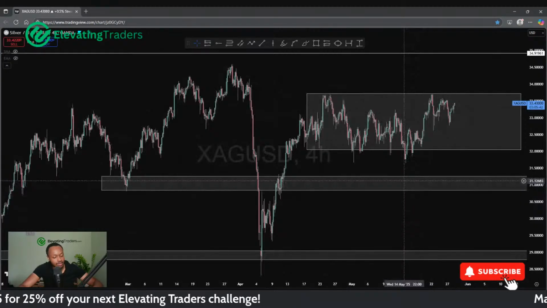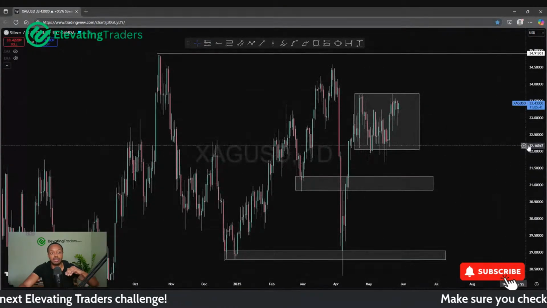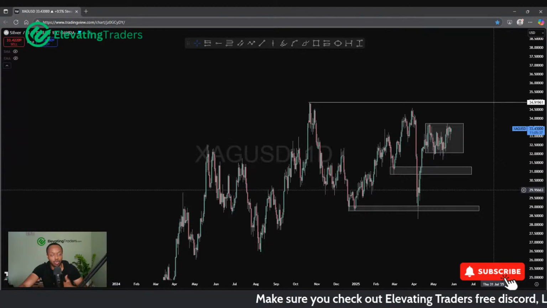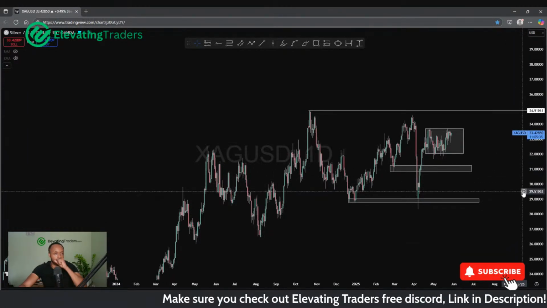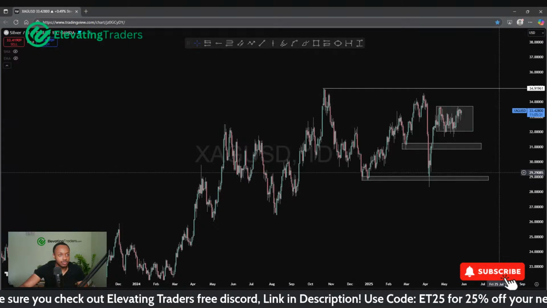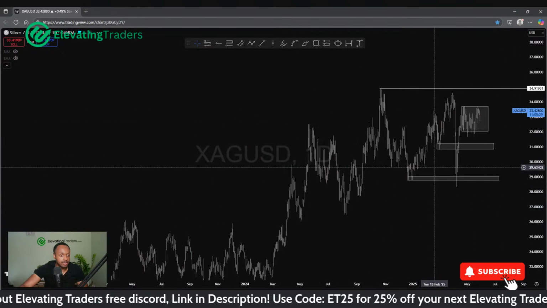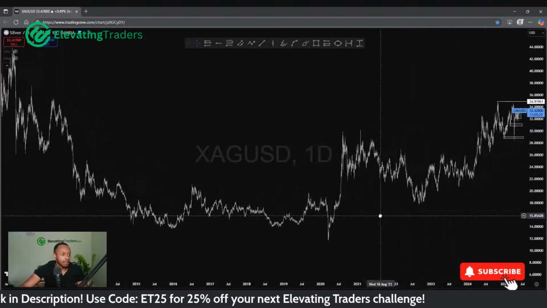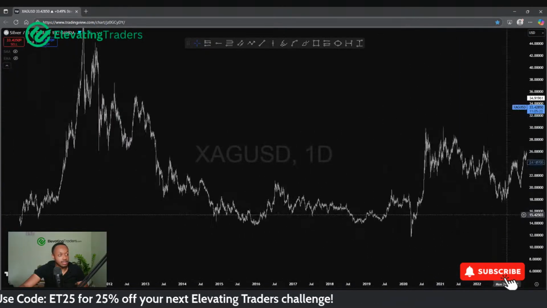It's kind of a similar situation to platinum in terms of it's been in a long-term consolidation. It does need a bit of a breakout to get the ball rolling again. I wonder if we could see platinum set the tone. Maybe silver looks to follow suit as well, because this has been pretty sideways. But to be honest, that's kind of how silver moves.